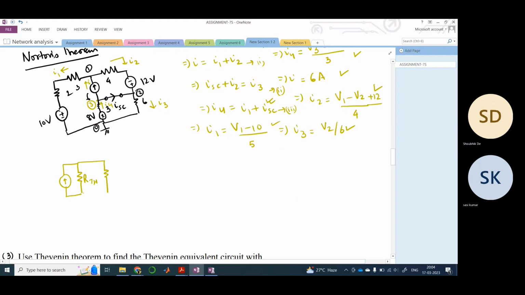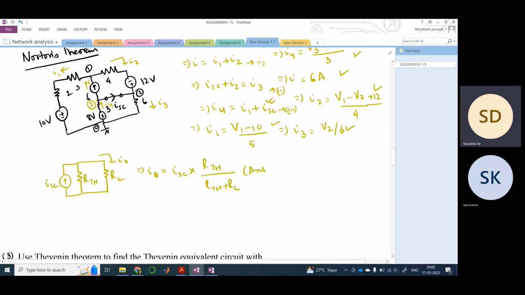We need to calculate the value of I0. So this is ISC, and you need to apply the current divider rule. I0 would be ISC into RTH divided by RTH plus RL. So this would be your final answer.